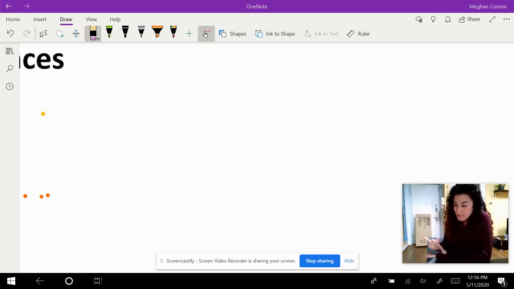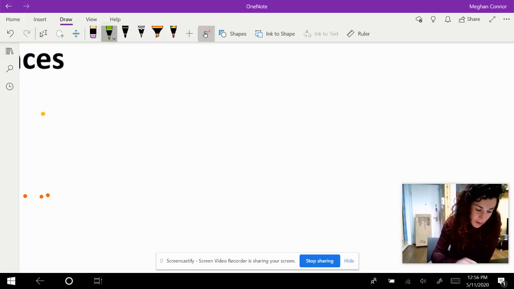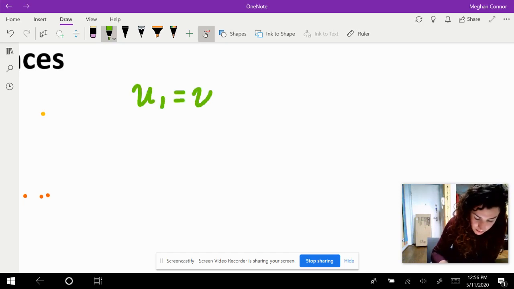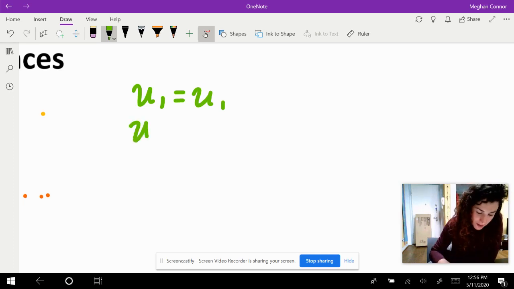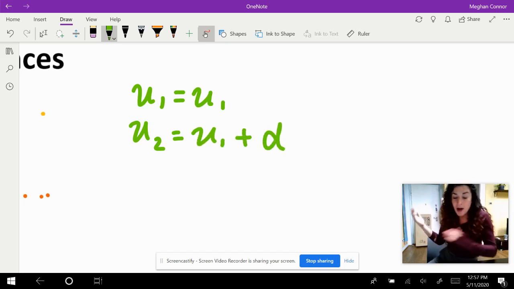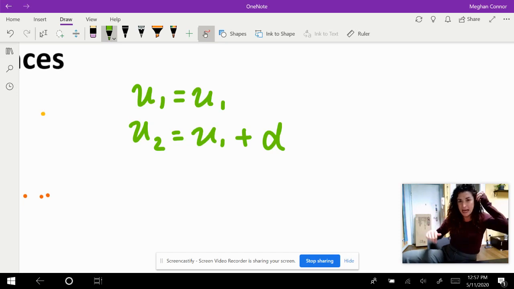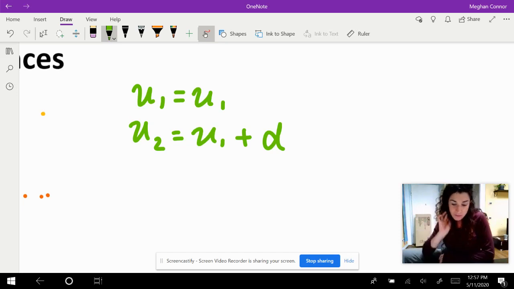When we're trying to make the formula, we follow this pattern of repeated addition. If we were to talk about the first term, u sub 1, it's just u sub 1. But if we talk about u sub 2, it's your previous term plus that common difference, that number that keeps getting added every single time.